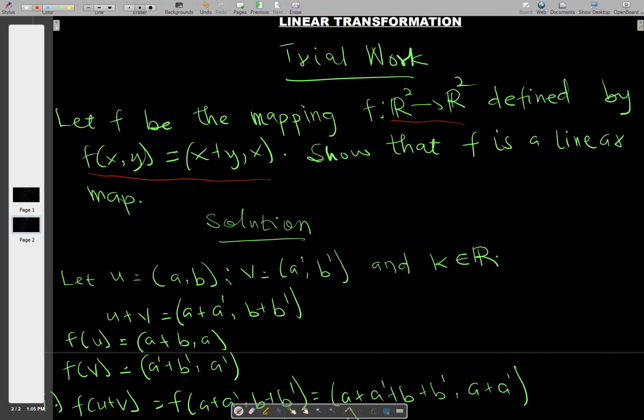Show that f is a linear map. You can pause the video and try your hand on this question. Okay, let's begin.